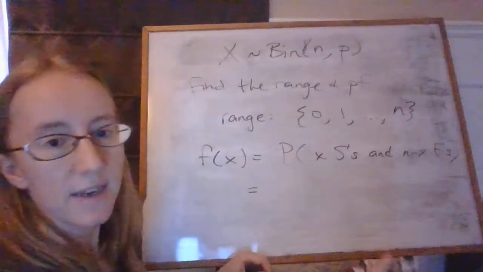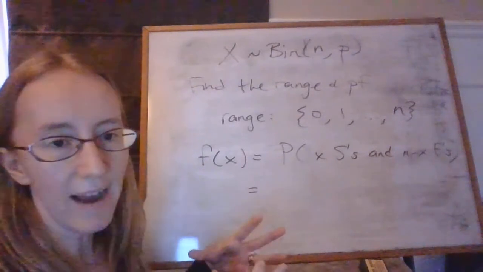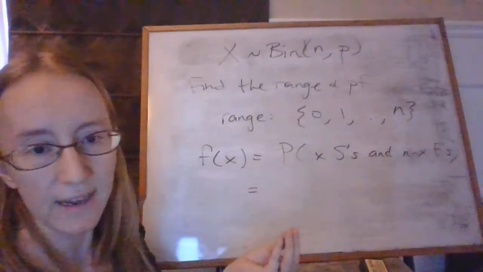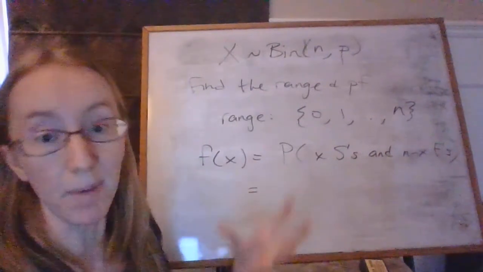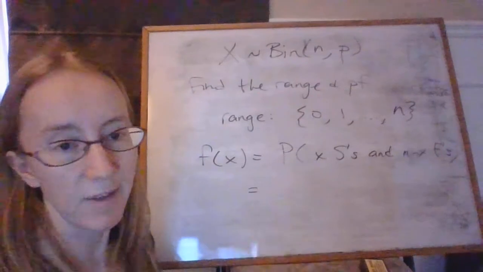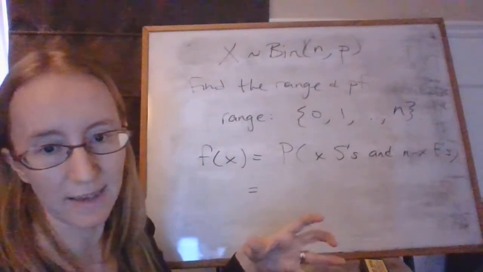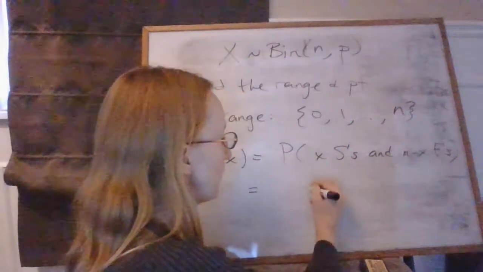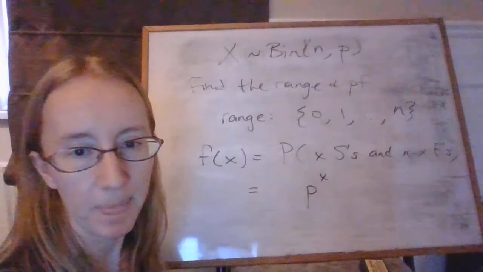Think about the probability of that happening. We want to have a success, which has probability p, x times. It has to happen multiple times, so we need to multiply those probabilities together. So you have p times p times p, etc., for each of those successes. So the probability of the successes is going to be p to the power of x.